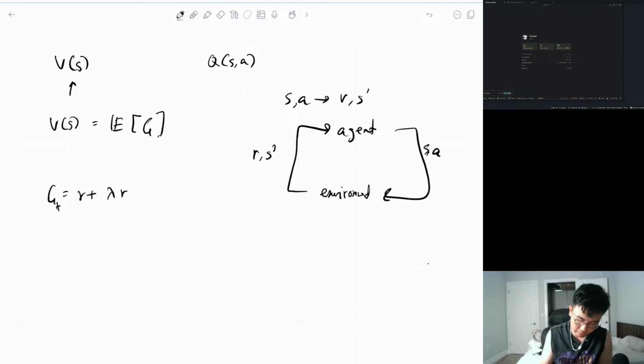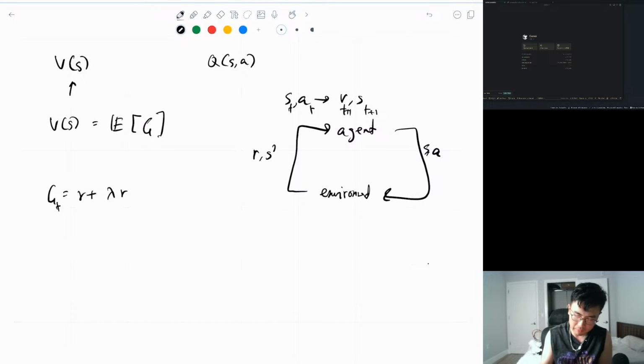This is where notation would be helpful, right? A better notation, I guess, would be: you get the reward at time step t plus 1 and end up in state t plus 1.